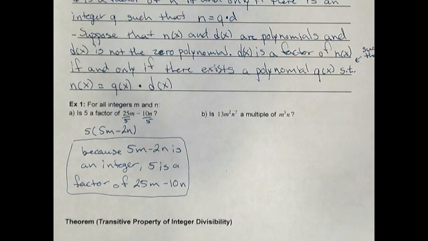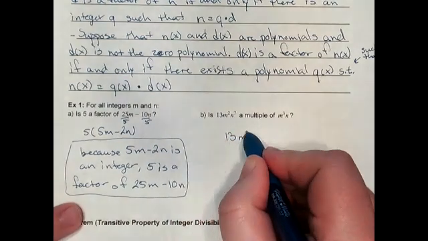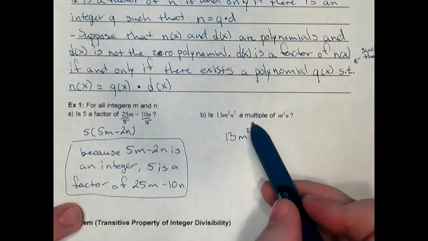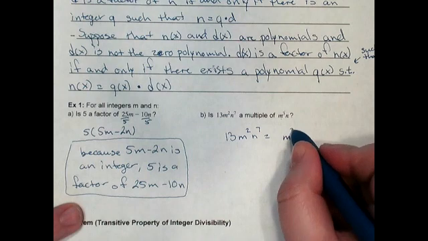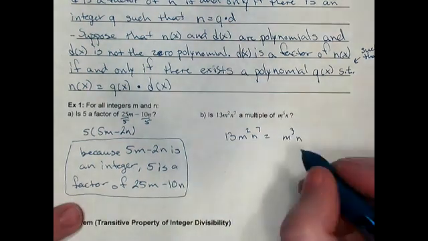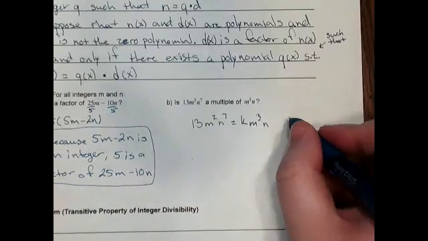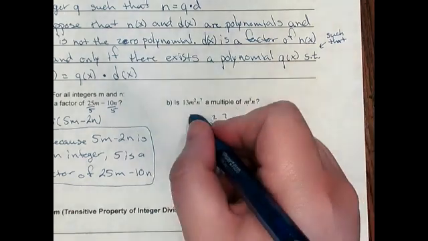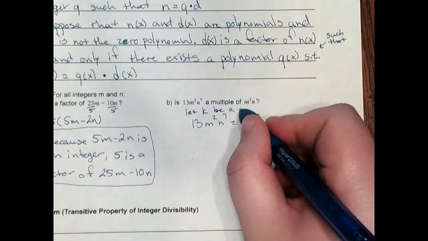So to see if it is a multiple, we're going to take the expression we're given, 13m squared n to the 7th, and set it equal to m to the 3rd n multiplied by some value that I'm going to call k. Let k be a constant.